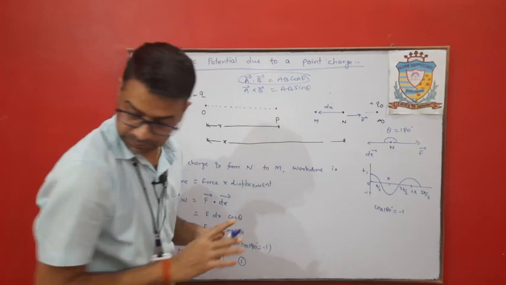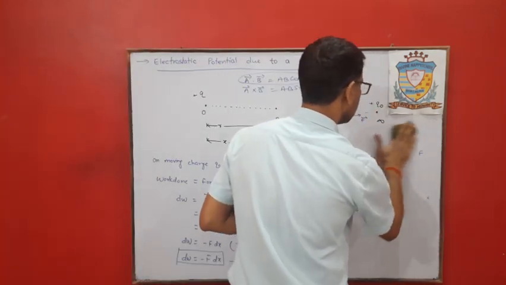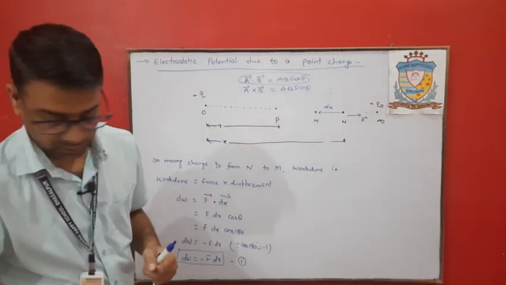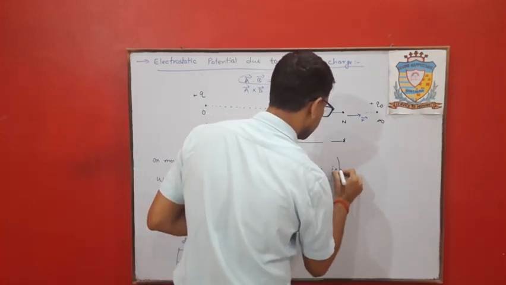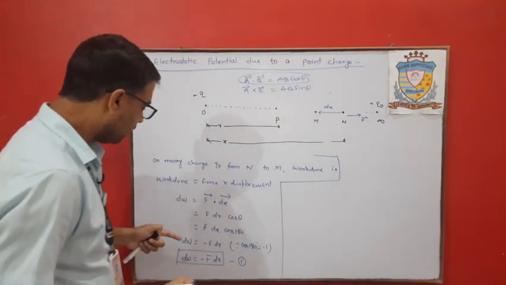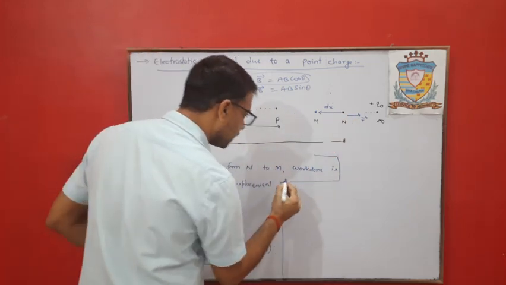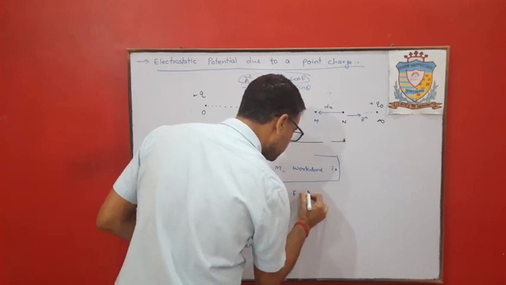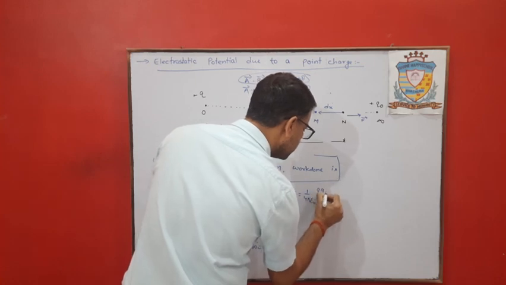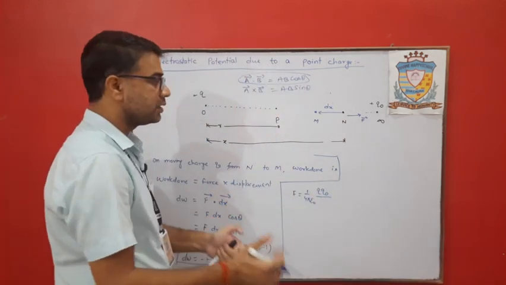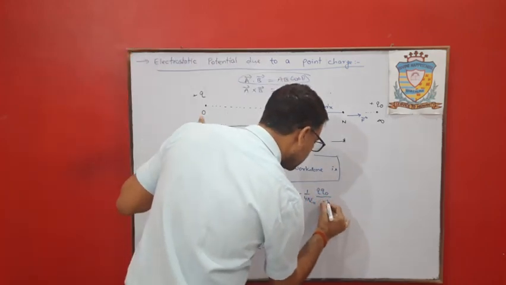Now we know that the force exerted between these two charges is F equals 1 upon 4 pi epsilon naught, q q naught upon distance squared. The distance between O and N is x, so this becomes x squared.